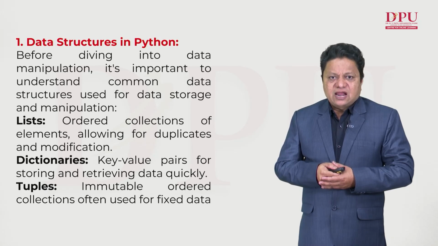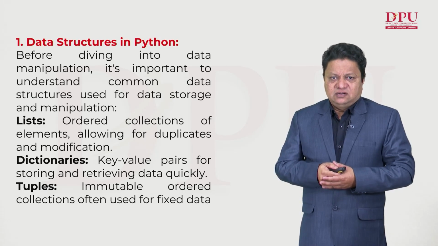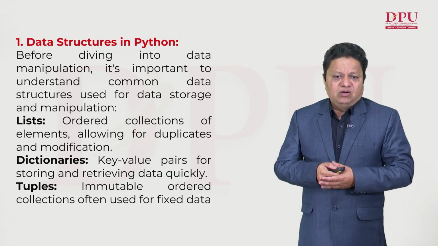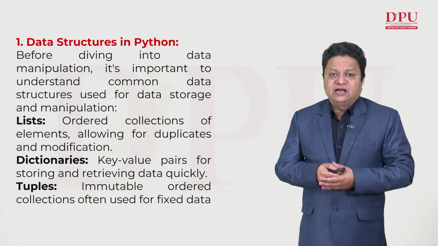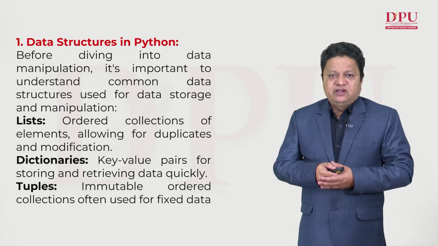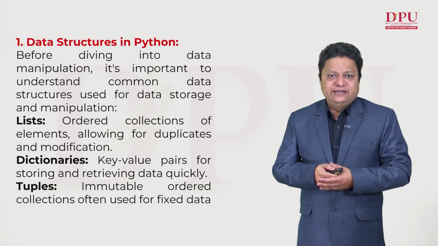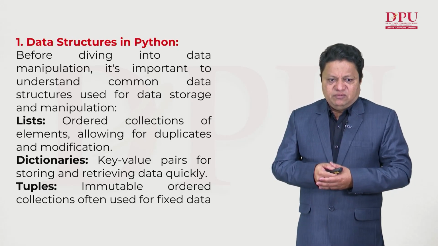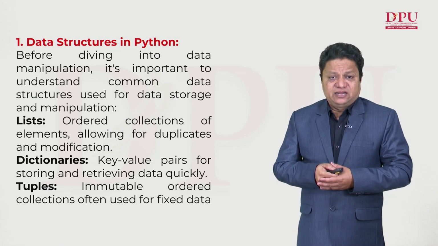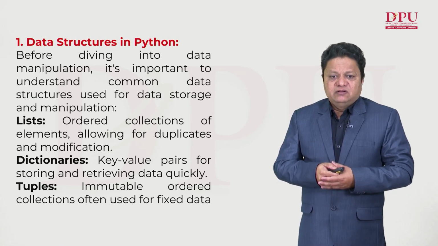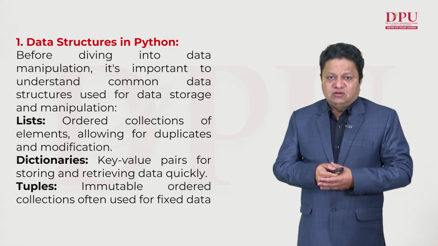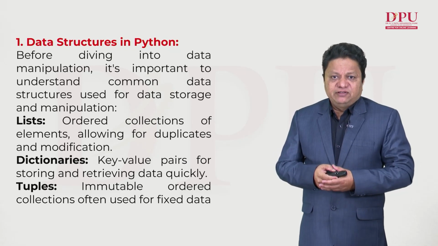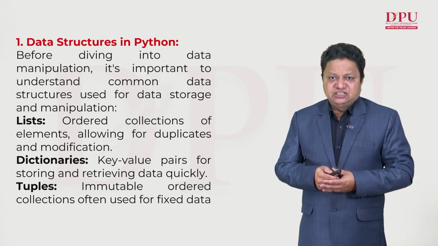The next data structure is tuples. Tuples are like list. Tuples are an ordered collection of data items, but the difference between a list and tuple is that tuples are immutable. Once the items are stored in tuples, we cannot change them. On the contrary, the items that we store in list can be changed.